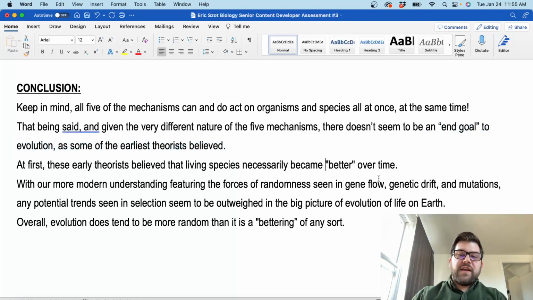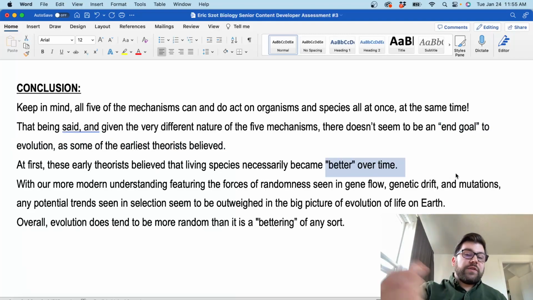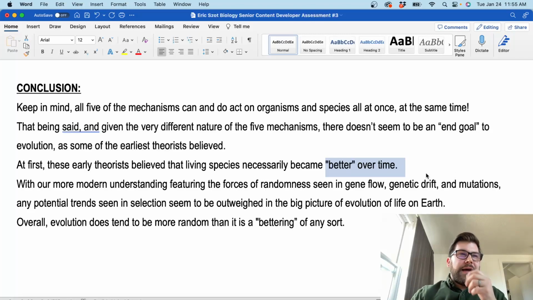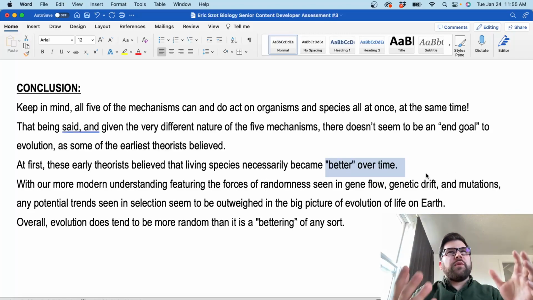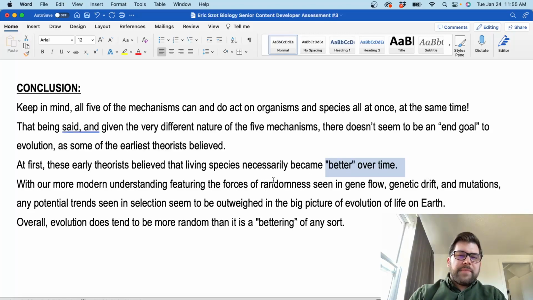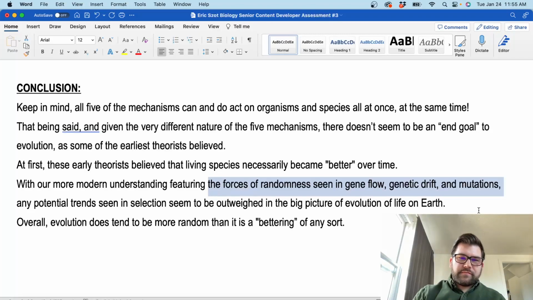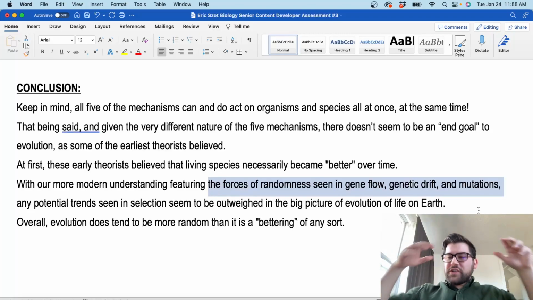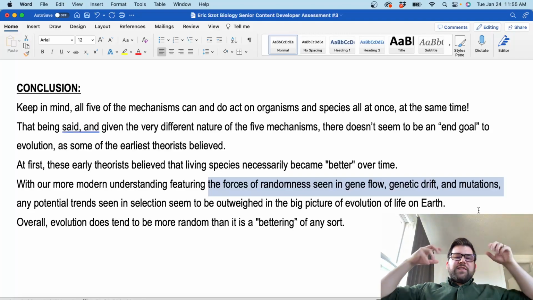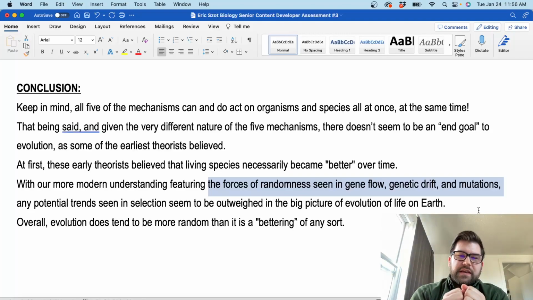This idea of bettering, or meliorism, like improving over time. Maybe this is kind of what Darwin was born into, and something he was using natural selection to explain. But with our more modern understanding, including gene flow and genetic drift and mutations, these forces of randomness, evolution as a whole seems to be a little more random at the large scale.